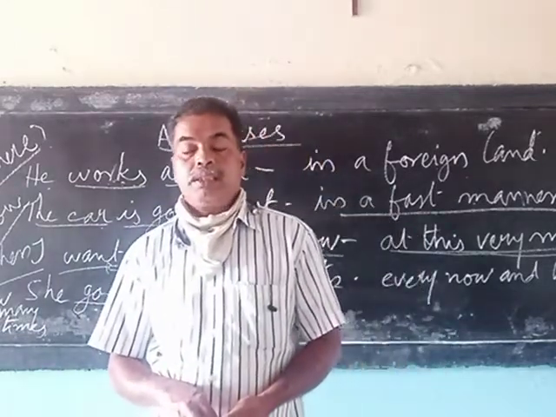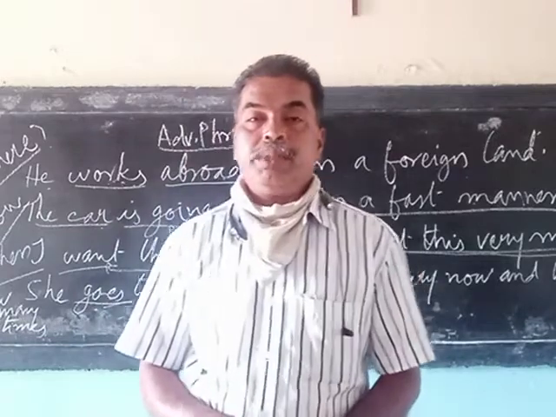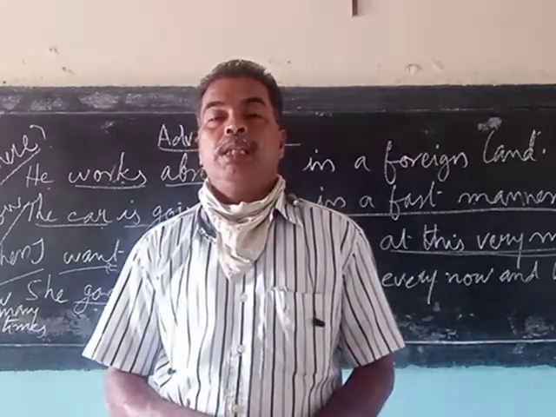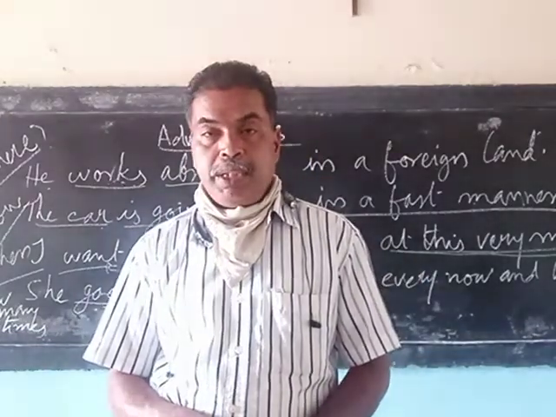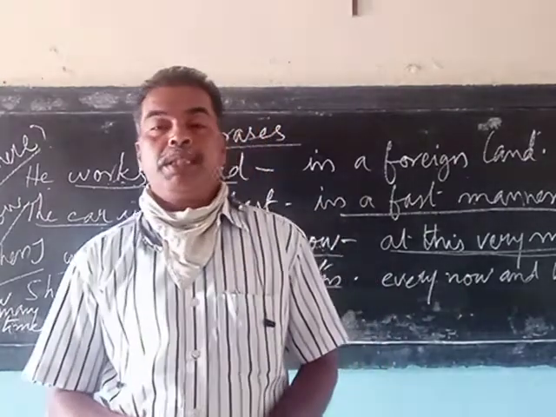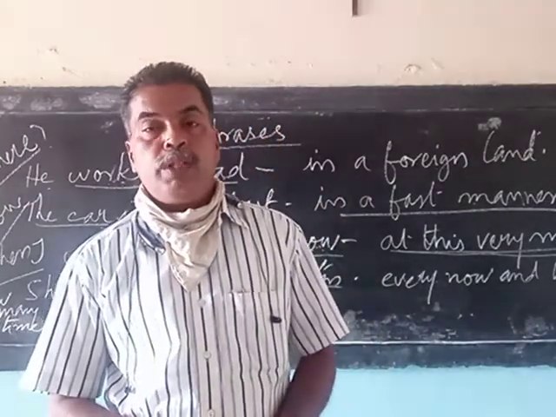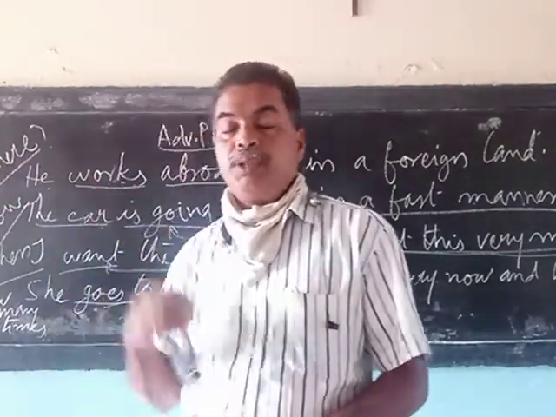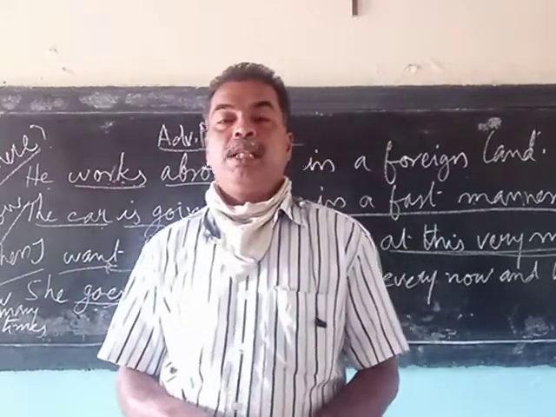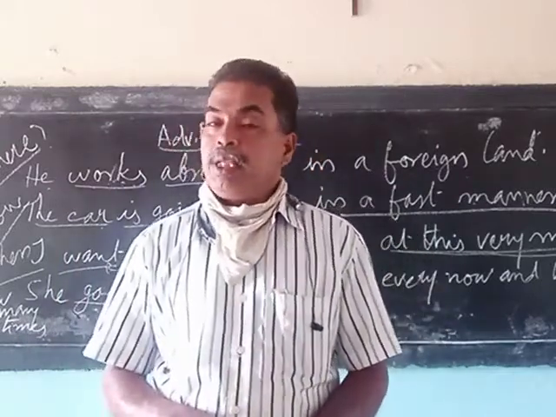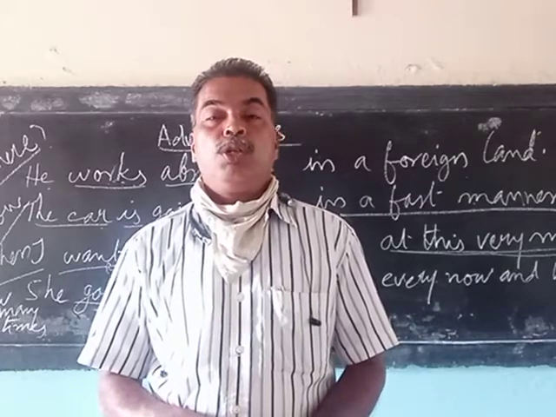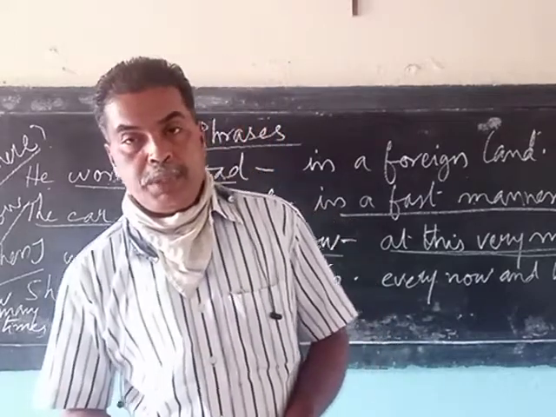A phrase is a group of words without a subject and a finite verb in it, and it cannot give complete sense or meaning. So an adjective phrase, or the adverb phrase we are going to see now, by itself cannot give us any complete sense, and it has no subject or finite verb in it.